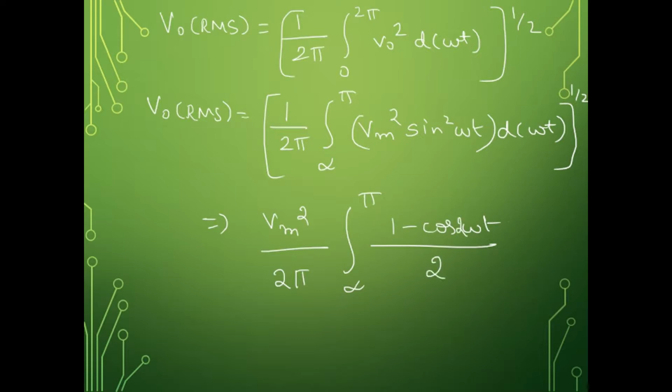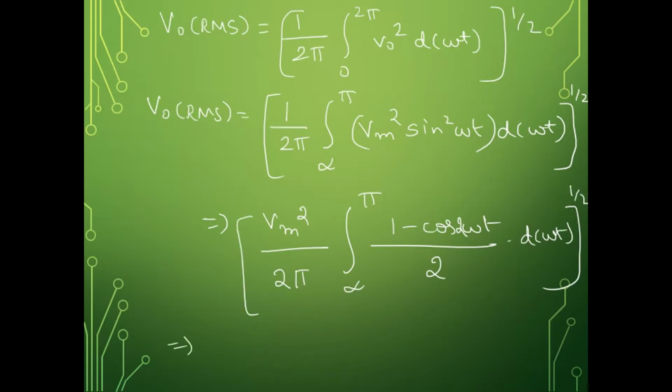So this becomes Vm square by 2 pi, limits alpha to pi, sine square omega t. I write it as 1 minus cos 2 omega t by 2 d omega t, this within the root.